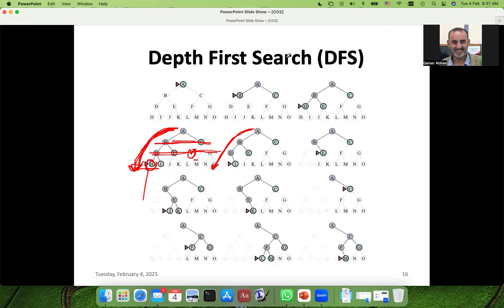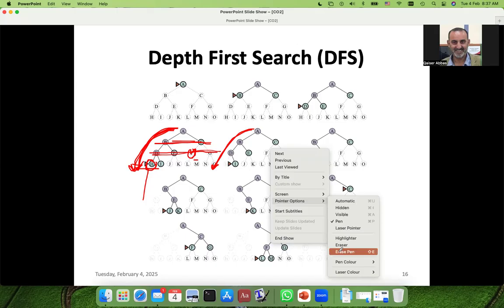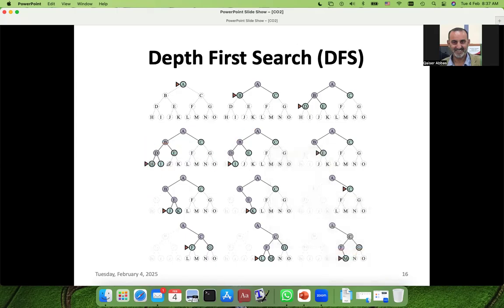There is a problem in this depth first search. And what is that problem? That if the state space or the tree is infinite, and when I say infinite, that infinity can occur due to repeated states, okay?